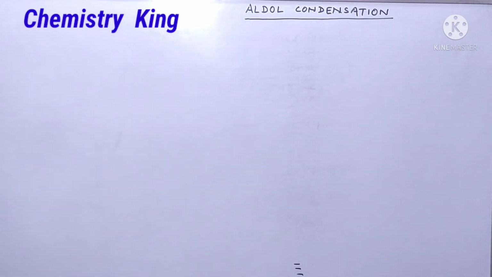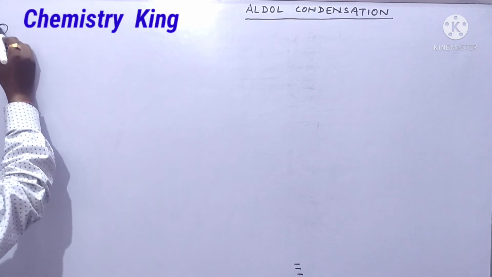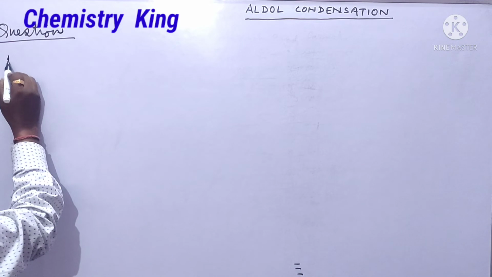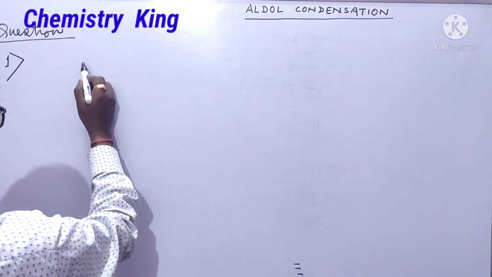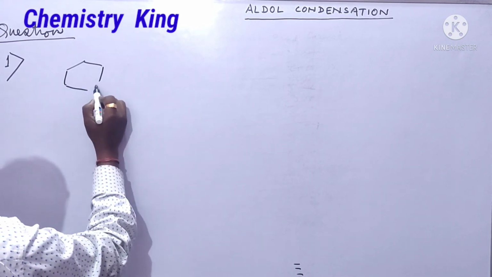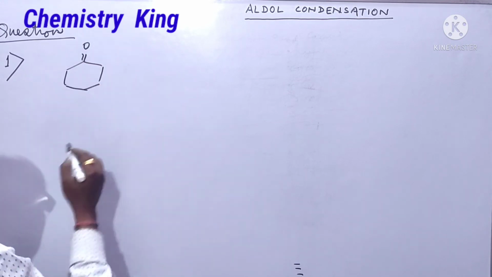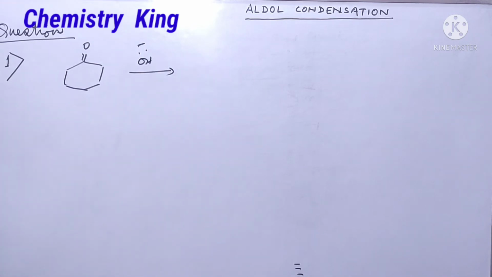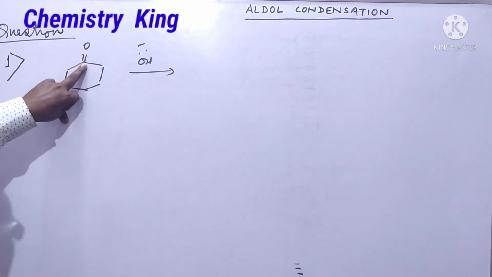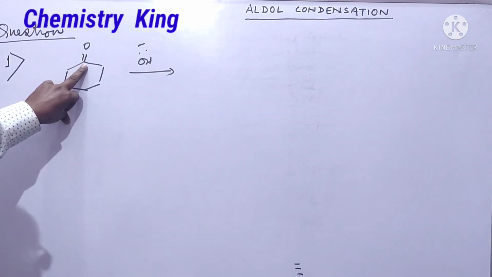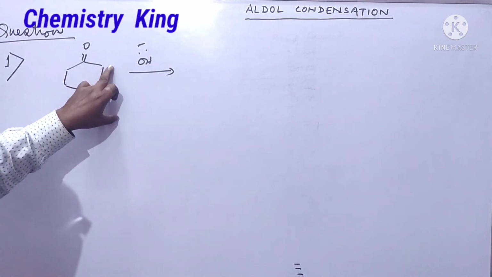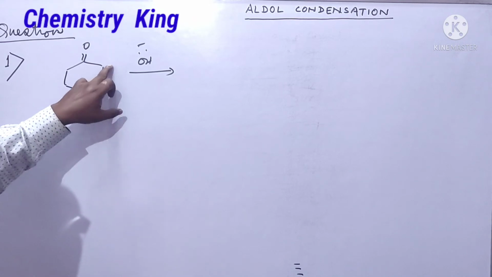Let us see now some questions. It is cyclohexanone. It is base. What is the product? Question is this. Friends, this carbon is prone to nucleophilic attack, and so in the second molecule of this, the negative charge will be here, which will attack here.